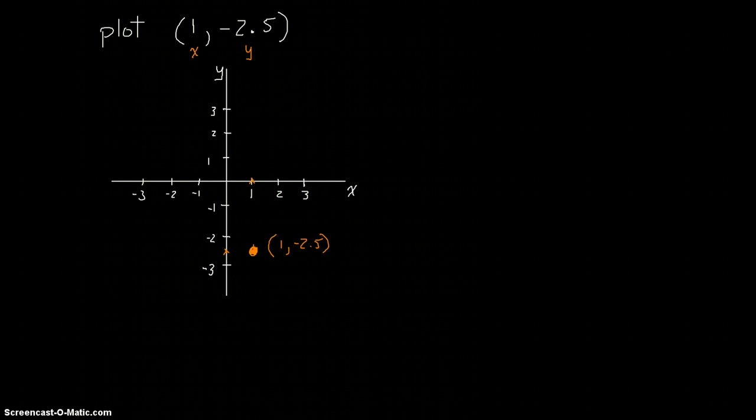Let's plot another point: minus 2, comma, 0. Where's that? Well, again, the minus 2 is the x and the 0 is the y. And where was y 0?